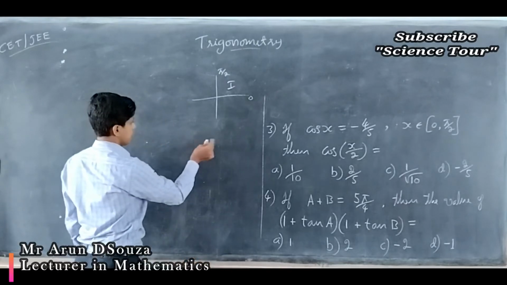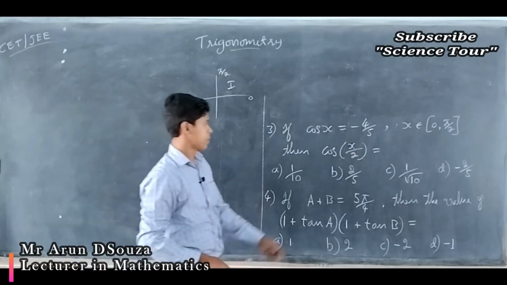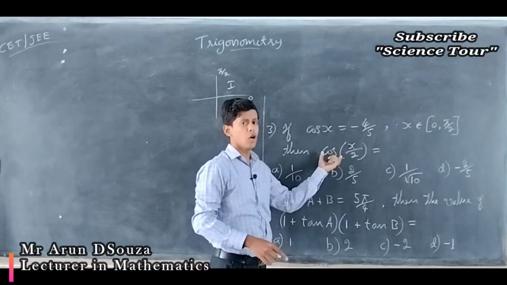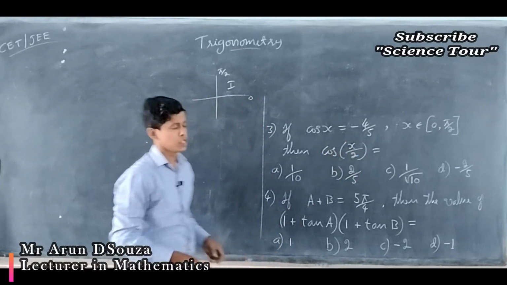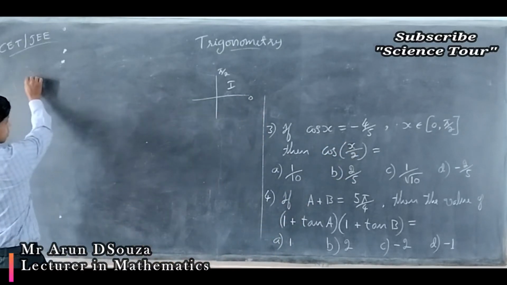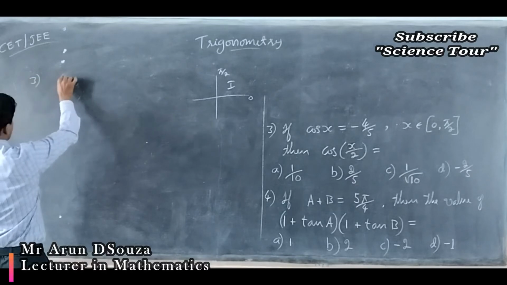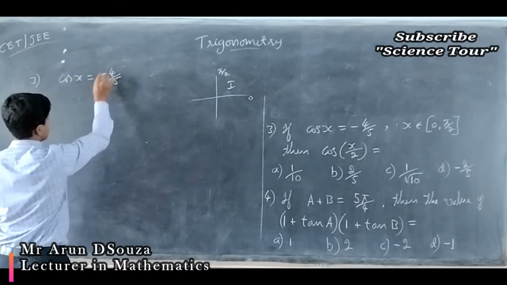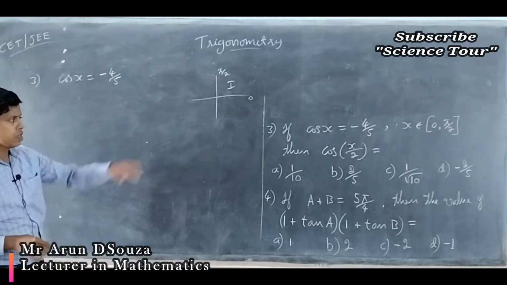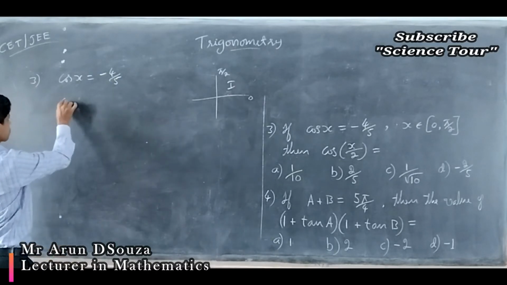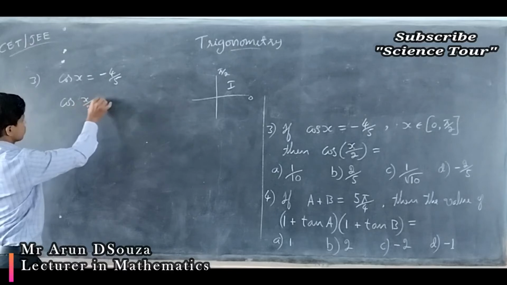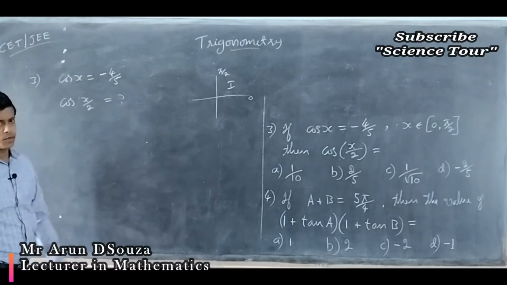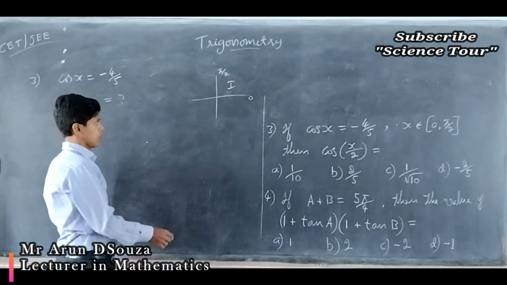Okay, so that also should be kept in mind when we find the value of cos x by 2. So what is given? Cos x is minus 4 by 5, and cos x by 2 is what you have to find. Okay, so how will we go about it?